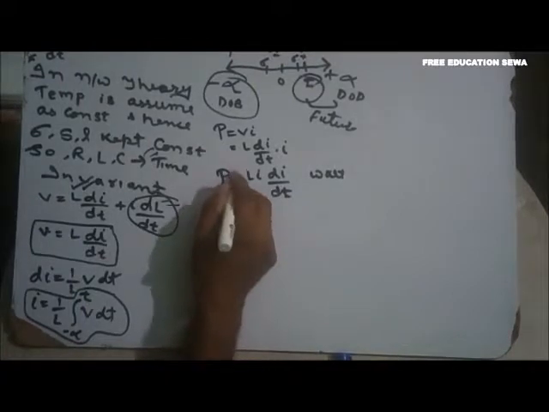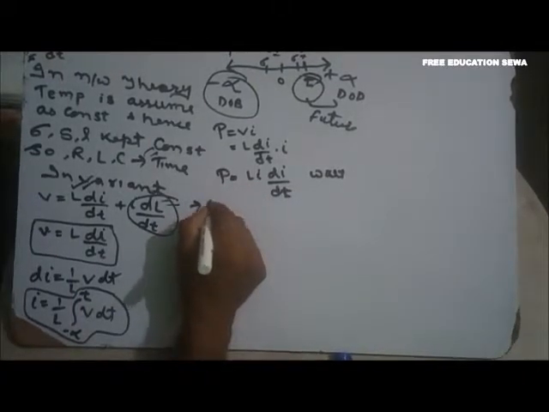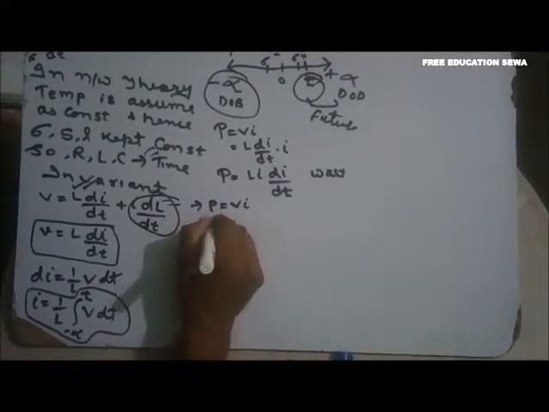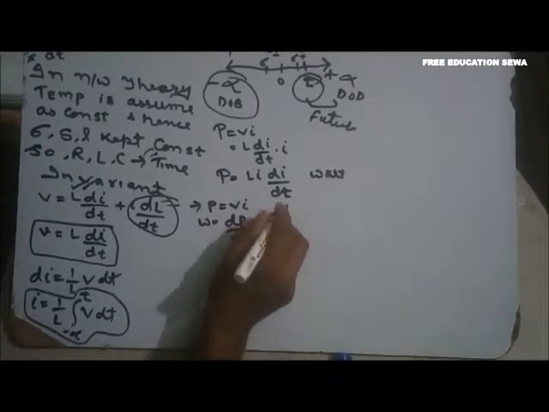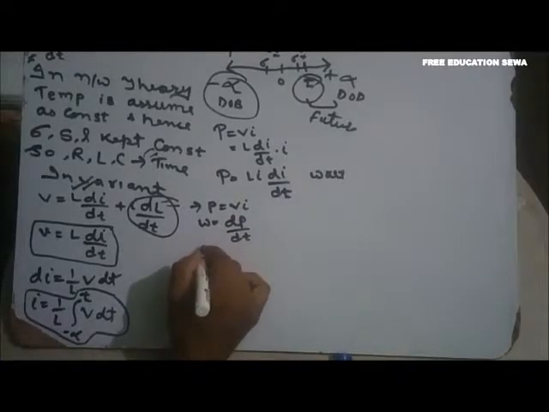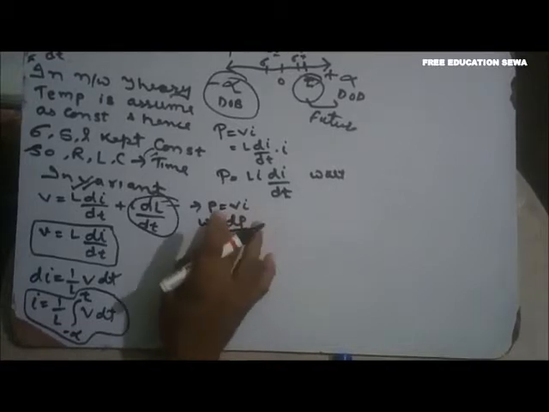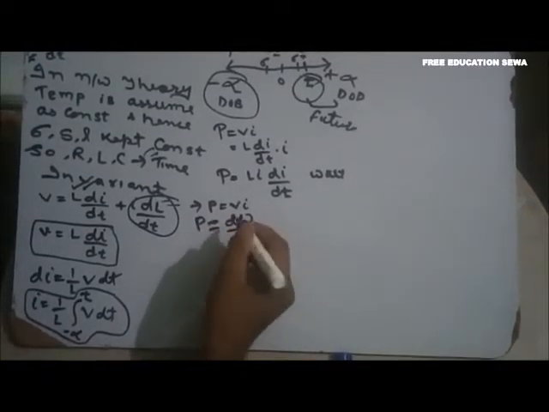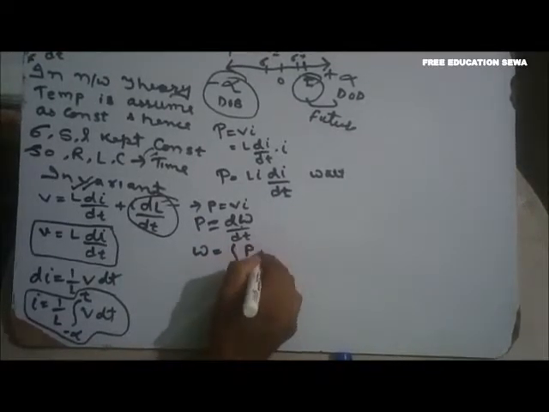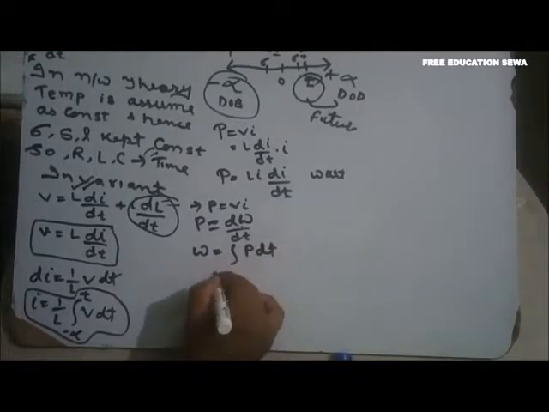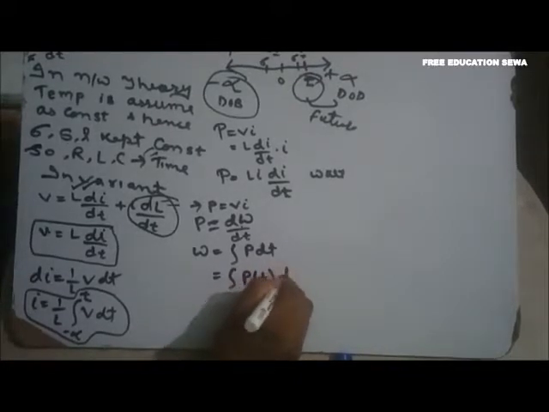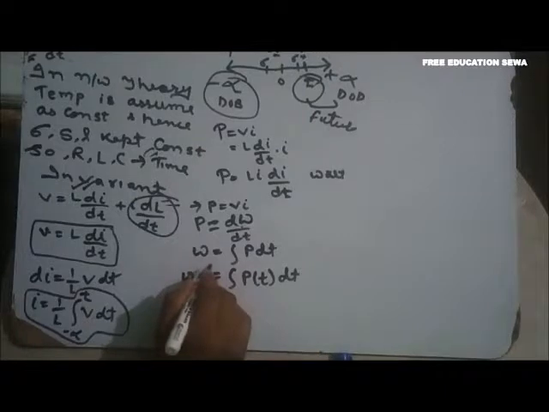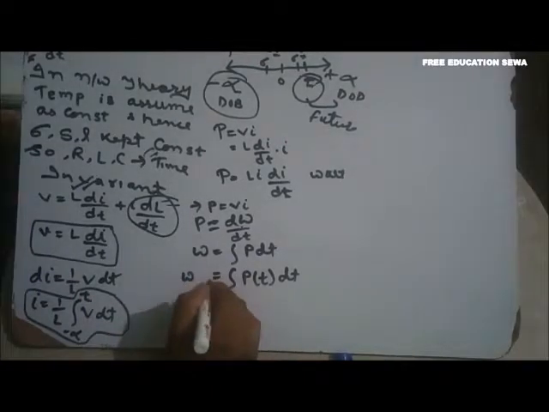Now for calculation of the work, we know that P equals VI, and power is nothing but the rate of doing work. W can be calculated by integrating the power, for time invariant, W equals integral of P dt.